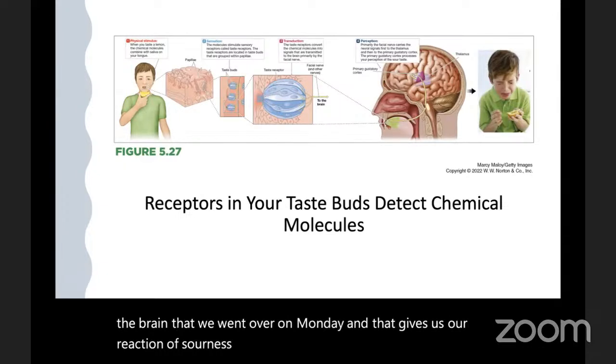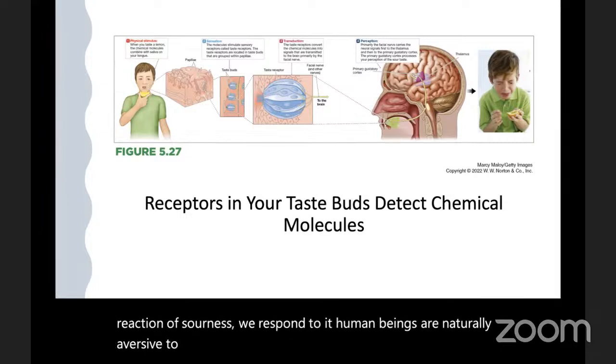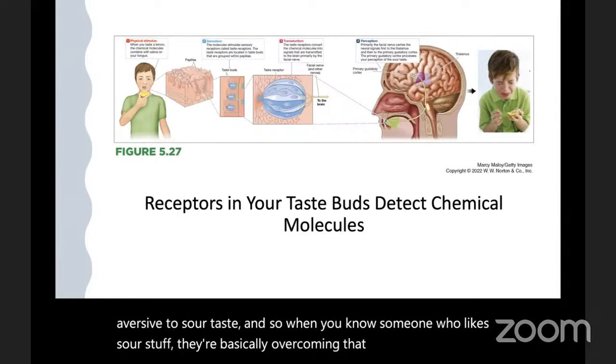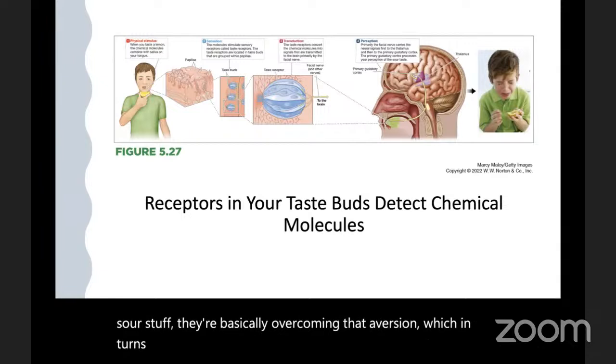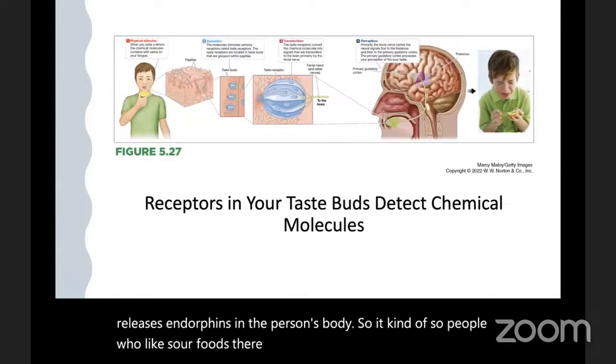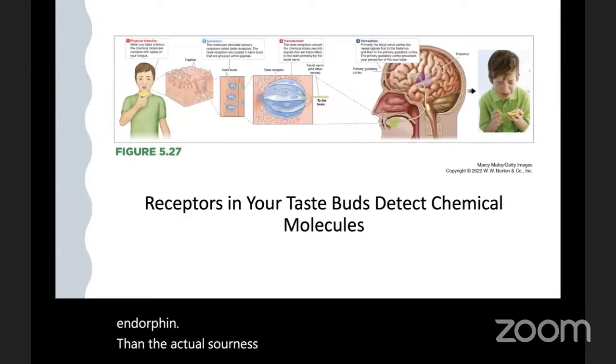Human beings are naturally averse to sour tastes. So when you know someone who likes sour stuff, they're basically overcoming that aversion, which in turn releases endorphins in the person's body. People who like sour foods are actually more addicted to the endorphin than the actual sourness of the lime or the lemon.